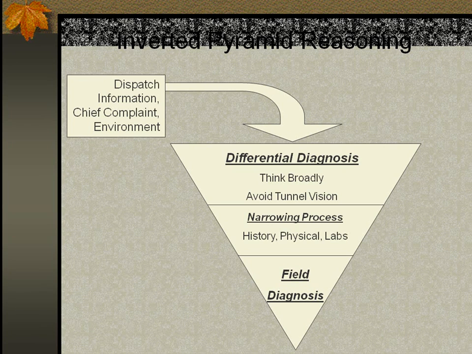But ideally, I think broadly, even if it's very obvious it's an MI, the worst MI there is. Make sure there's nothing else going along with it. You can have chest pain and renal issues going on at the same time, or chest pain and a bleed going on at the same time.